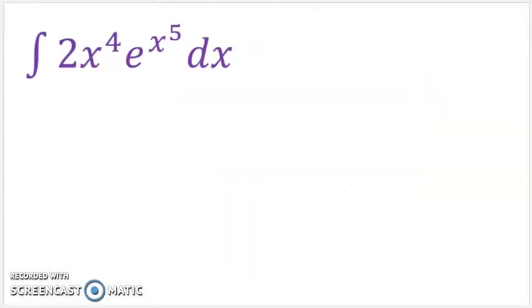For our next example, let's have the integral of 2x raised to 4 times e raised to x raised to 5 dx. Again, comparing the exponents of x's, we take the one with the higher exponent as our u. In this case, it's x raised to 5. So u is x raised to 5.